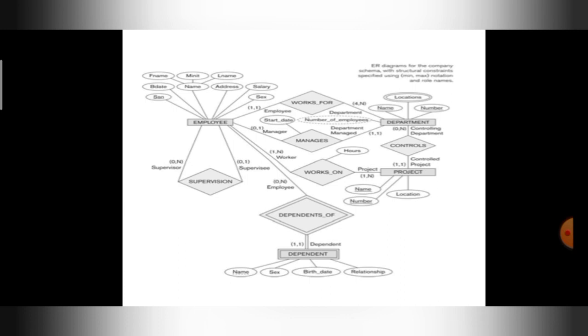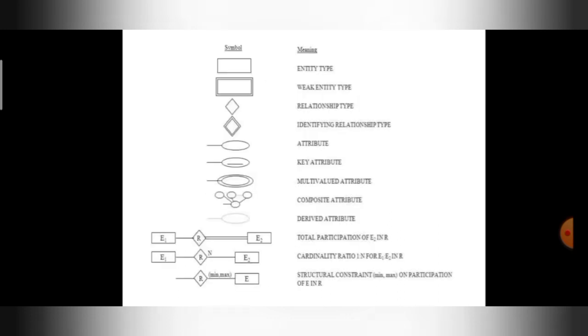That's why when you remove the employee, the dependent entity will also be removed. Hope you are understanding, guys. So how do you describe that weak entity? Using a double rectangle. To represent that weak entity, you have to use a double rectangle. I will explain weak entities in detail in upcoming videos.